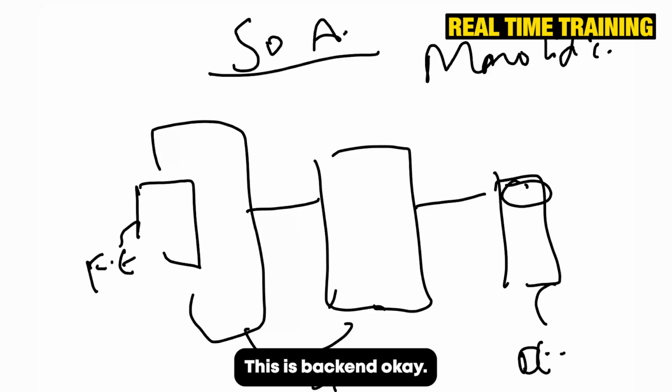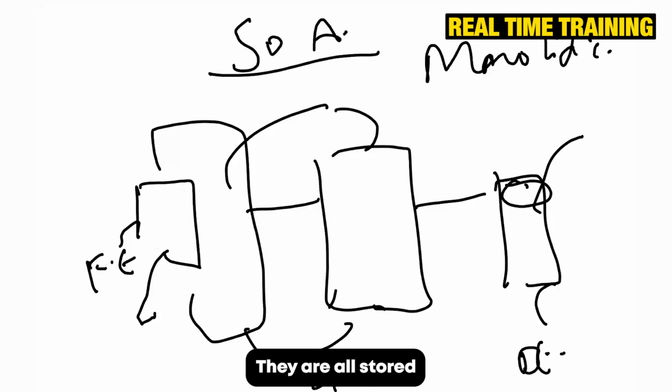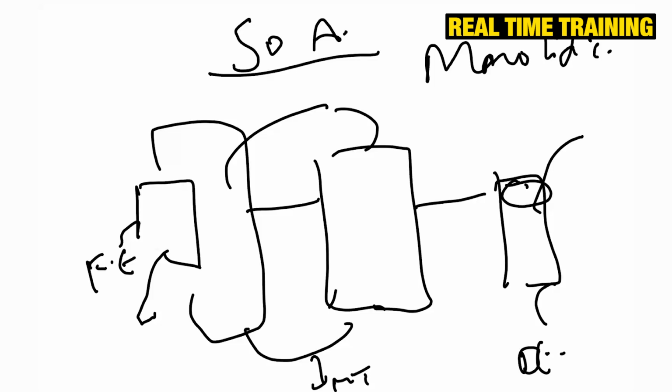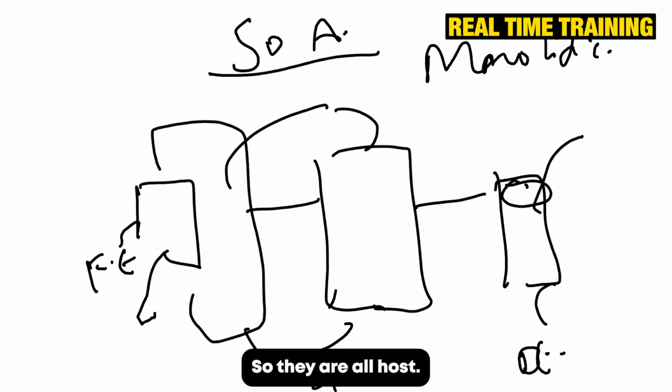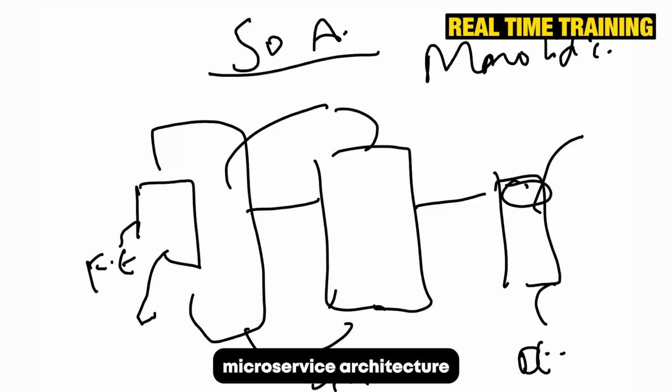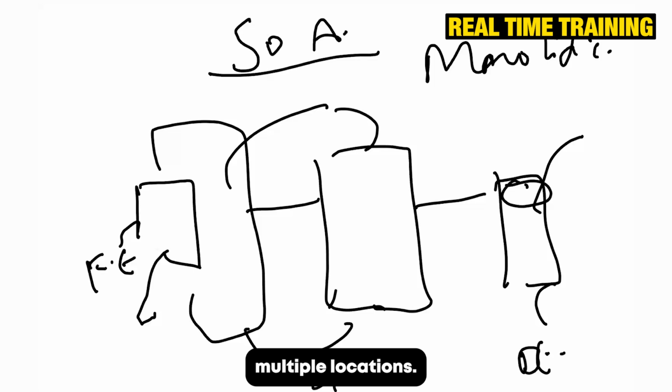The code for the middle tier, the front end, and the database are all stored in one location. But in microservice architecture, that's not the case. They are stored in multiple locations. That is the difference between SOA architecture and microservice architecture.